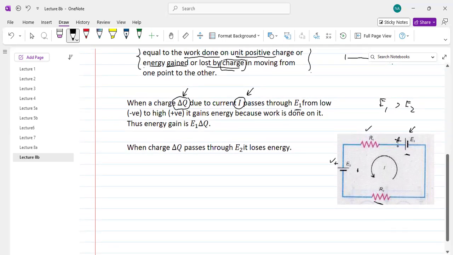If we assume that the EMF E1 is greater than EMF E2, then as I told you, the positive terminal of E1 must be at greater potential as compared to the positive terminal of E2. We always know that current flows from high potential to low potential. So in that case, we can say that the direction of current is anti-clockwise in the circuit.